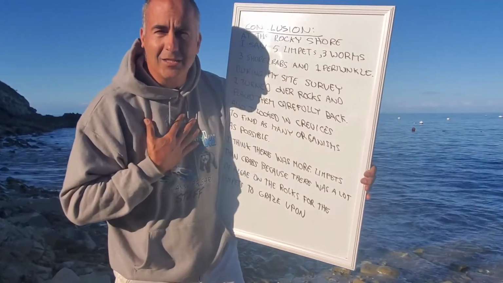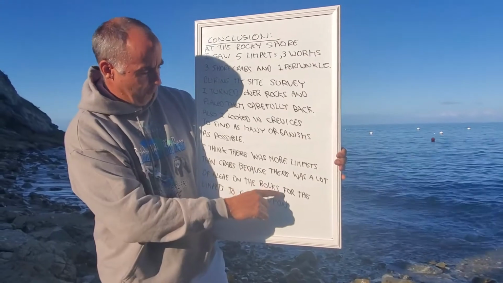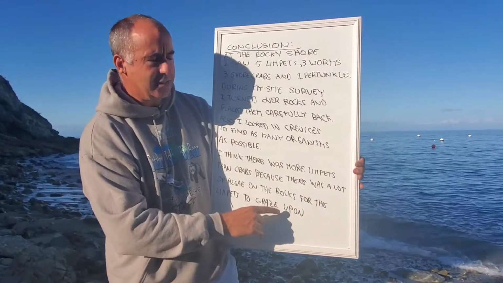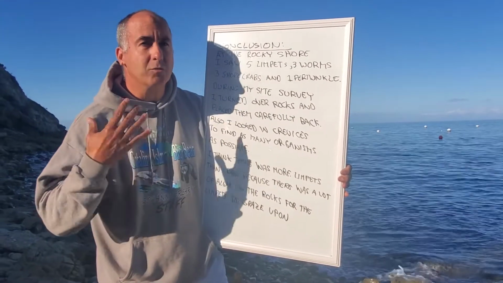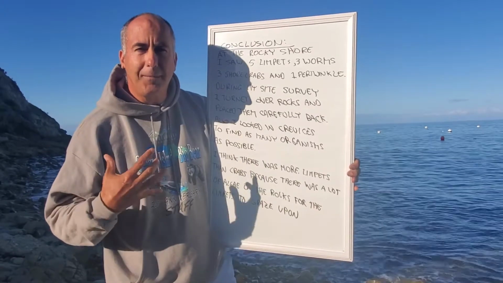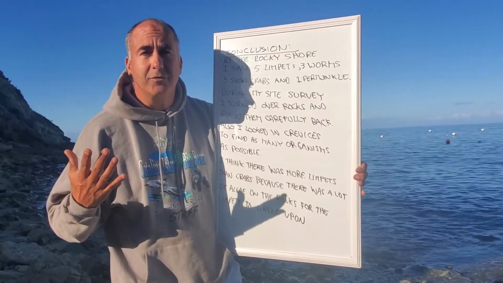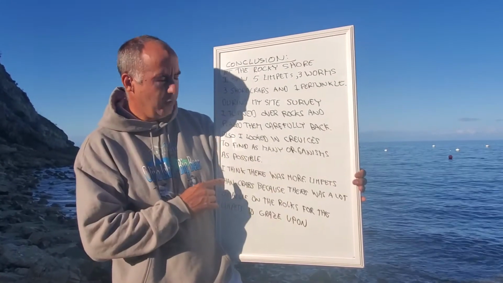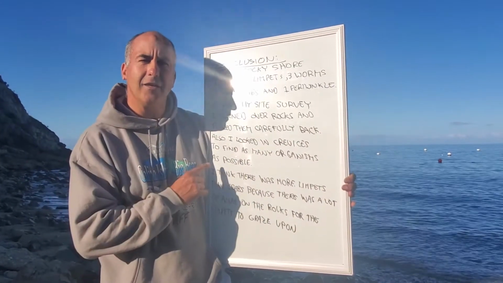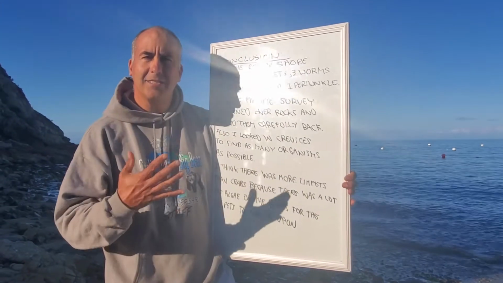That's what I saw, right? For the limpets to graze upon. In other words, there was more food for the limpets at the rocky shore that I was at, so there weren't as many crabs. Okay, also, it's important to note that a theory is exactly that.